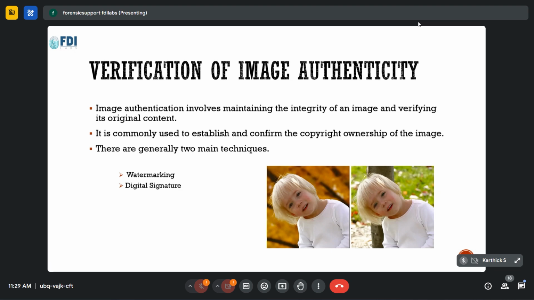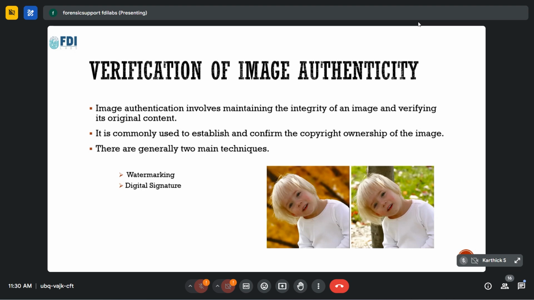So the forensic examiner, it's important for him to develop solutions for image authentication problems to maintain the integrity of the image. With the rise in multimedia applications, image authentication techniques have become increasingly important. So some of the techniques are given here. What are the image authentication methods? These are the basic methods. There are a lot of methods, like watermarking, cryptography.